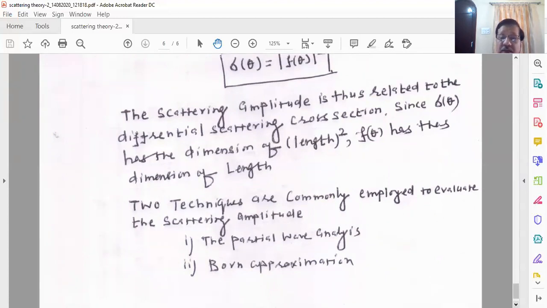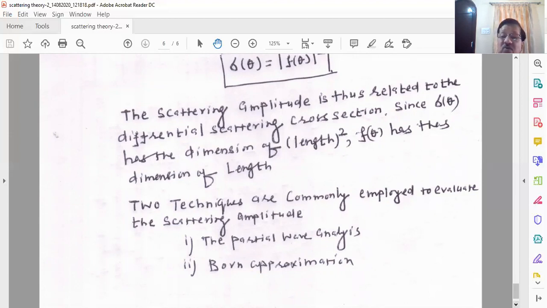Once we calculate the scattering amplitude, which is related to the differential scattering cross section, our intention is to write down the Schrodinger wave equation for a scattered wave and study the wave analysis to find the scattering amplitude.